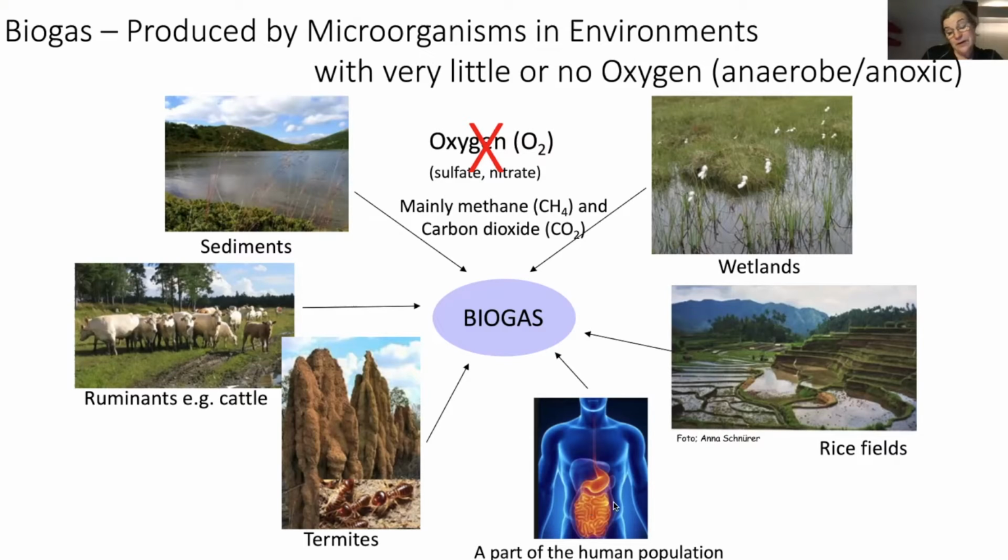This is something I would like you to be aware of, and it is an increasing situation, because methane production in humans is often connected to increasing obesity. And we know that obesity is something we have problems with in certain regions on this earth, in certain populations. So these are all environments producing biogas, producing methane.